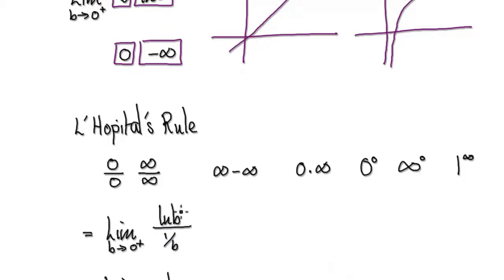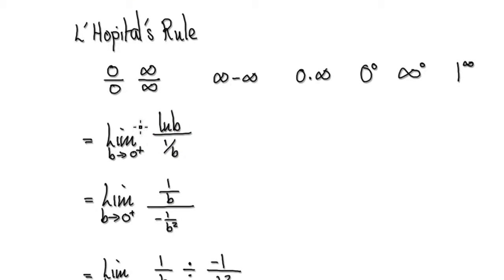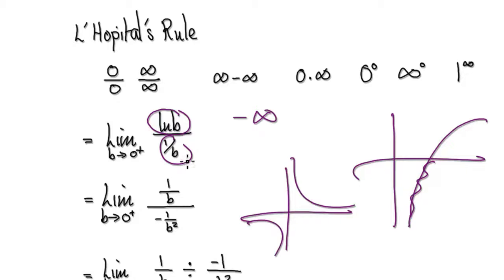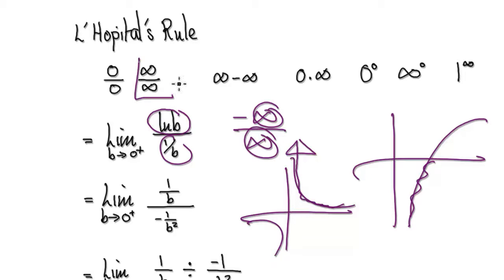Now let's check it. As b heads towards 0, natural log of b heads towards negative infinity, and 1 over b, which looks like this graph, heads towards infinity as b heads towards 0 from the right hand side. So you've got infinity over infinity, which is of this form, so you can apply L'Hopital's rule.